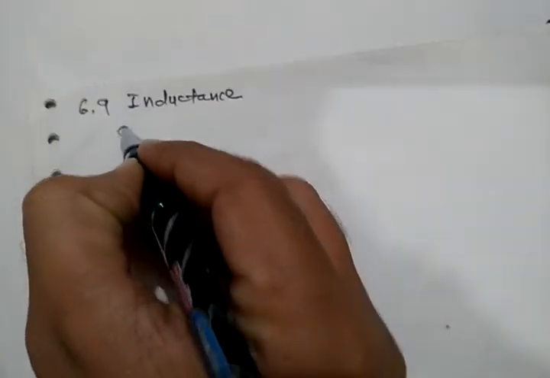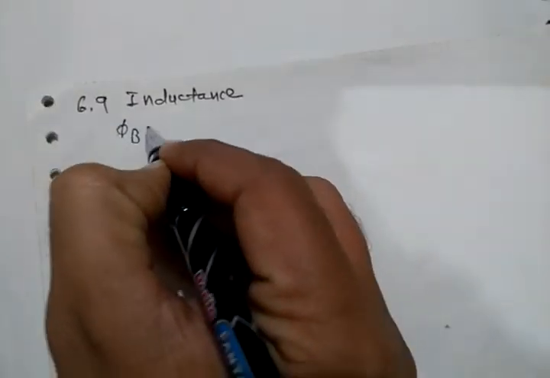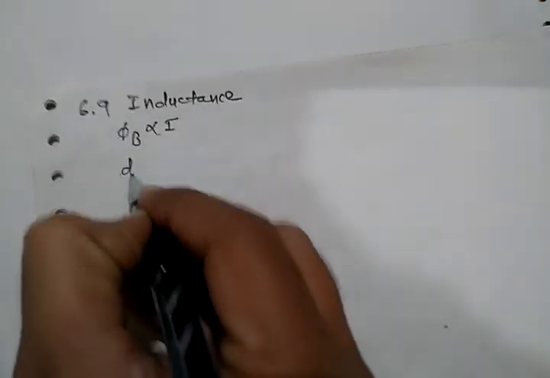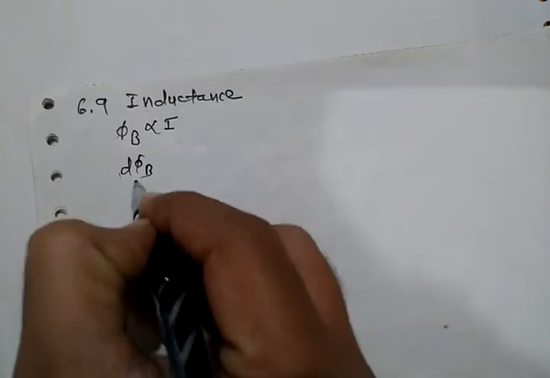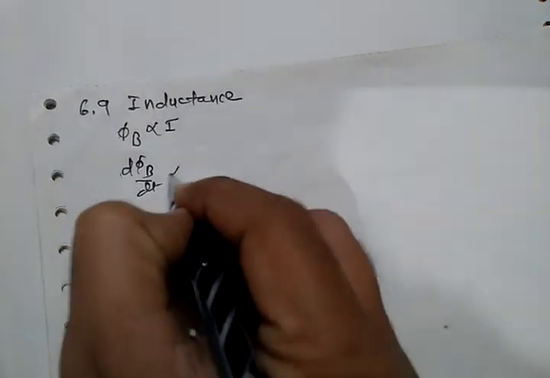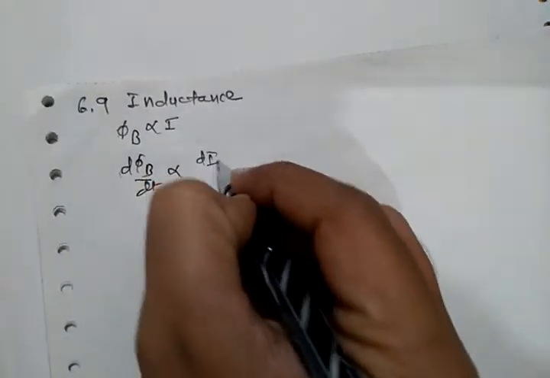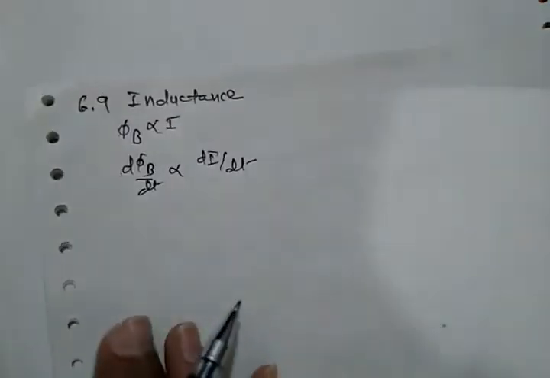Now here the flux through a coil is directly proportional to the current I. Further, the geometry of the coil does not vary with time, so here d phi by dt is proportional to di by dt.